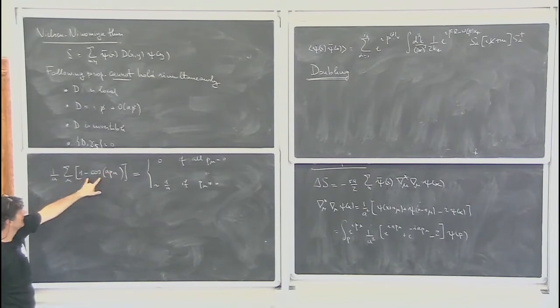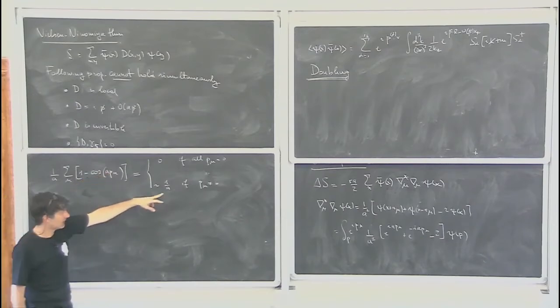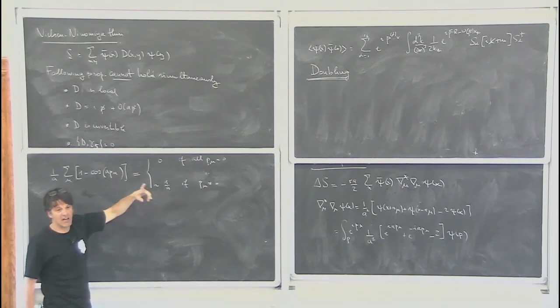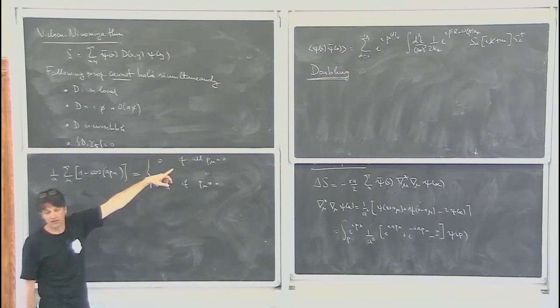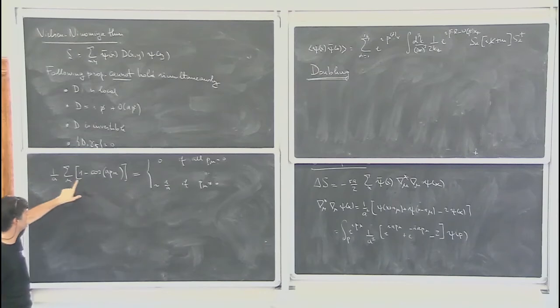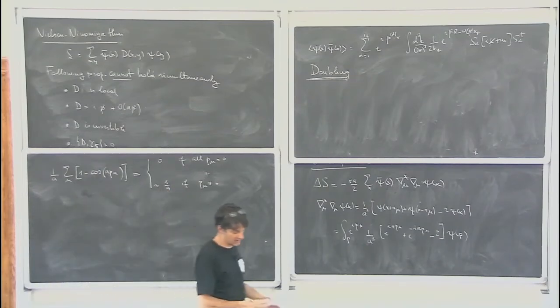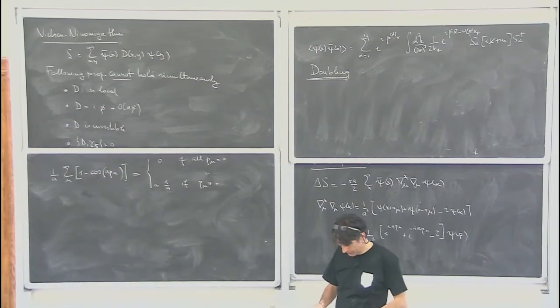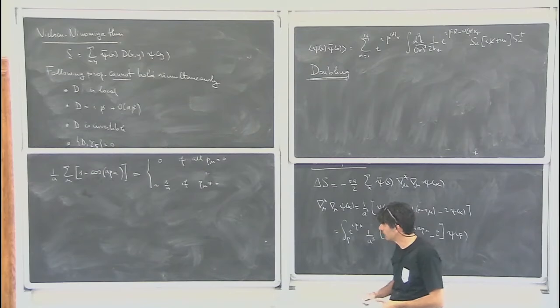You get nothing. If you are around any of the other minima that we discussed for the naive discretization, then this is a contribution of order 1 over a. And that's basically the solution to the doubling problem.